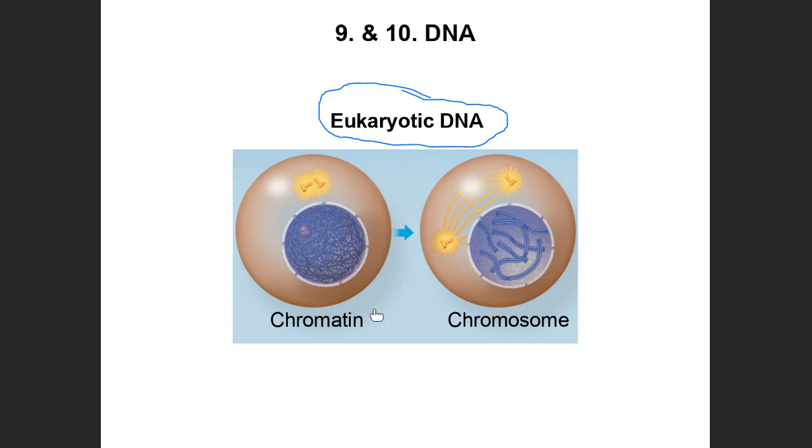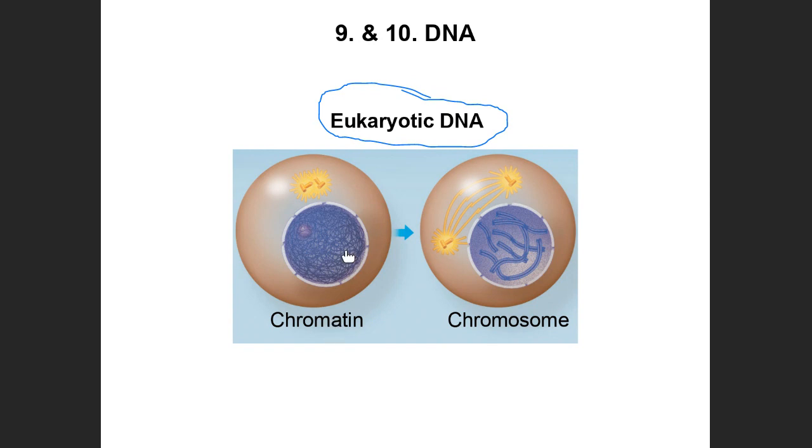Okay. When a cell is not dividing, when it's physically not trying to separate, going from 1 to 2 cells, the DNA is described as being diffuse, spread out. Now, I didn't put this in your notes, but you can write this down under chromatin.